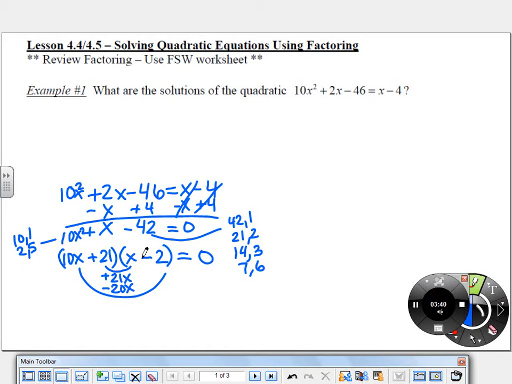But the point of this is to set these equal to 0. Let's say I walked in here today and said, I'm thinking of 2 numbers. When you multiply them together, you get 2. Anybody want to guess what my 2 numbers are? 1 and 2? No. They're not 2 and 1.